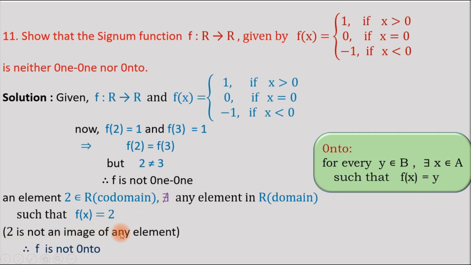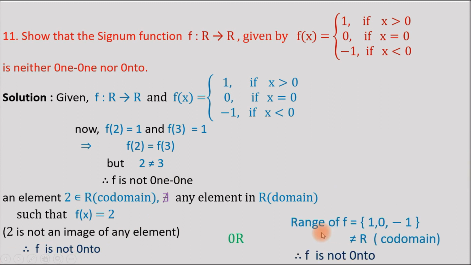This function is not an onto function. Or look at the range of the signum function. The range of the signum function is the set of values 1, 0, minus 1, which is not equal to the codomain, real numbers. So, the signum function f from real numbers to real numbers is neither one-one nor onto.